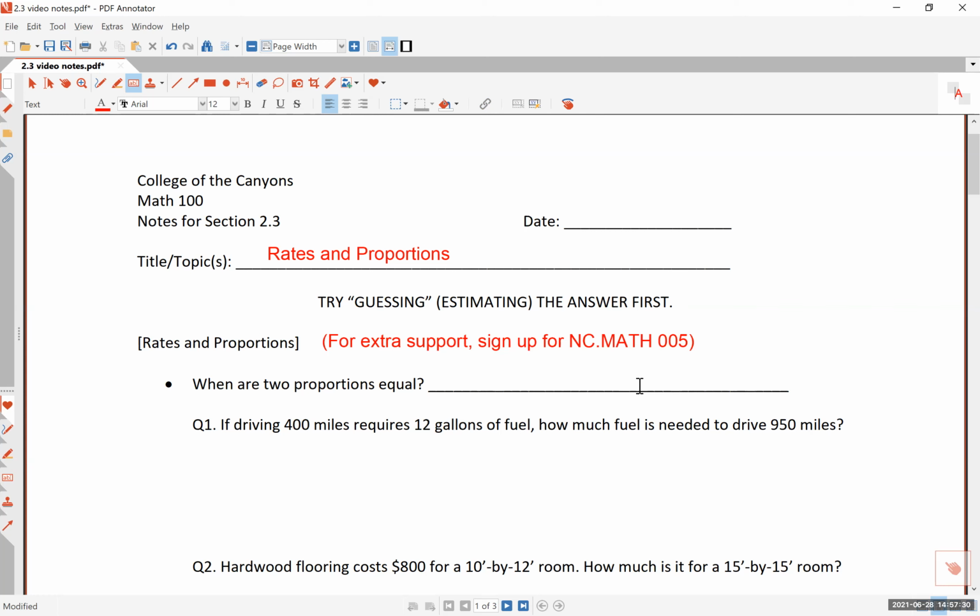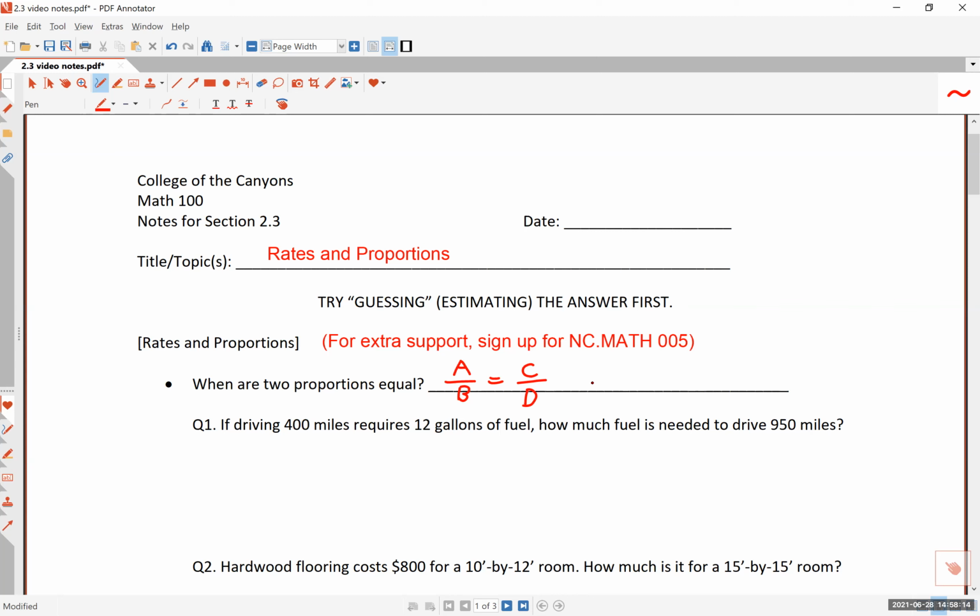Now, when are two proportions equal? I'm going to use my writing mode. We call fractions a over b and c over d equal to each other, and this is the way a proportion can be set up.